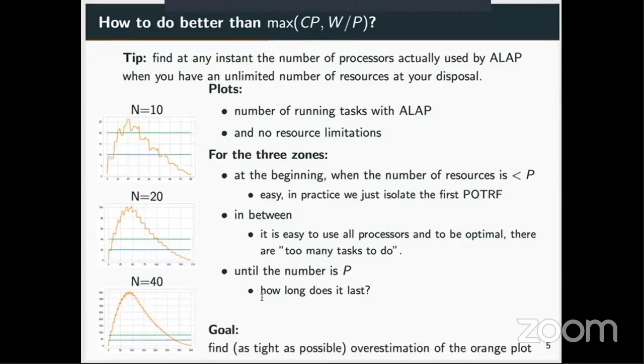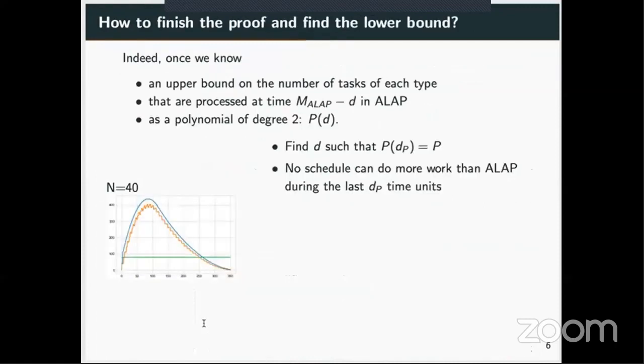Okay, and so our idea is to find a close overestimation of this orange plot, and from this overestimation of the orange plot, then we can design a better bound than the trivial bound. So how do we do this? So for instance, imagine that this blue plot is an overestimation of the orange one.